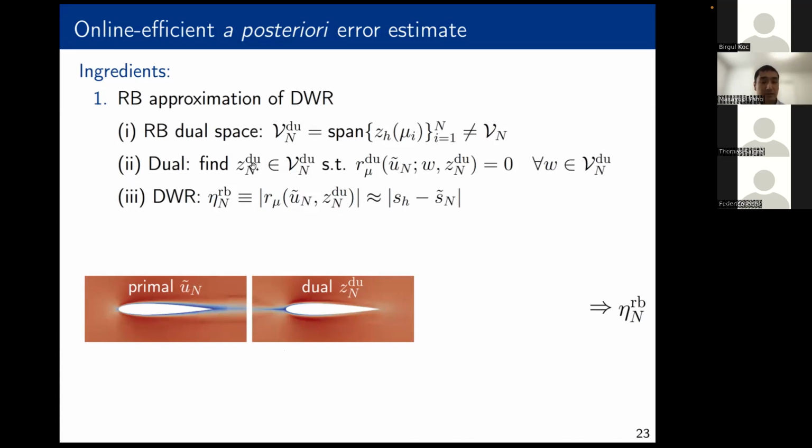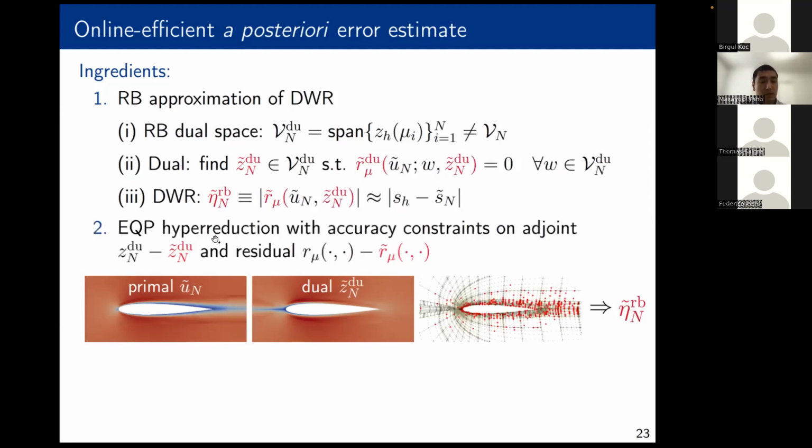And yes, the dual solution is approximated in the low dimensional space, but one limitation again is that it requires evaluation of this high dimensional residual for Galerkin projection. But we already know how to solve this problem. We can also hyper-reduce this dual problem. So we again use the empirical quadrature procedure to hyper-reduce the dual problem and residual evaluation for DWR.